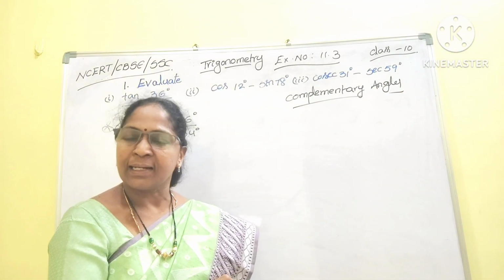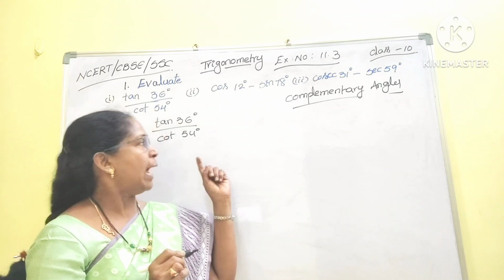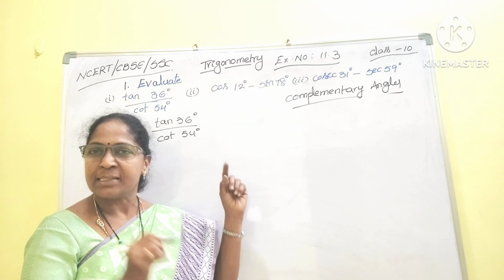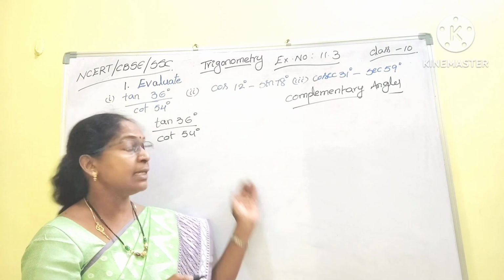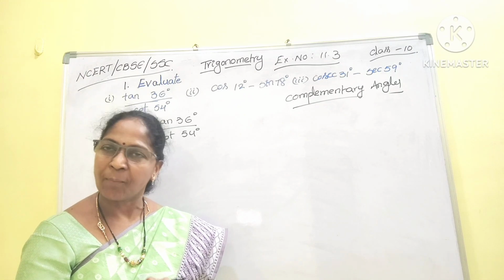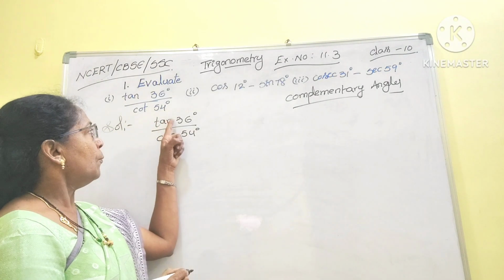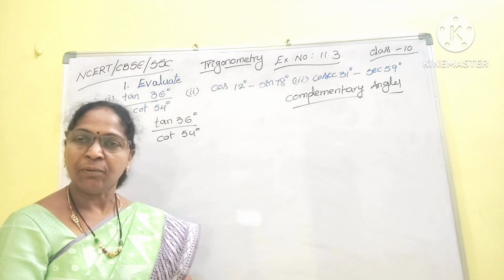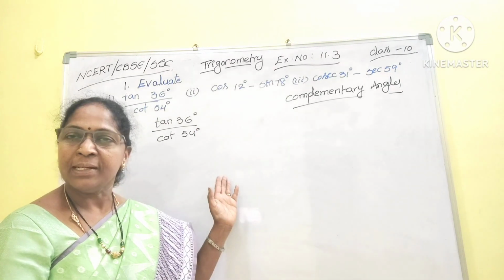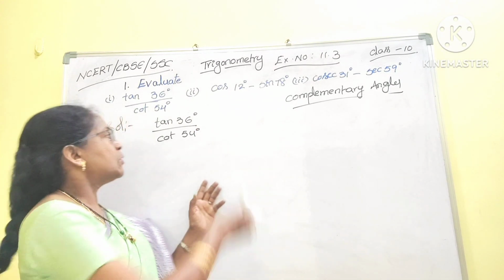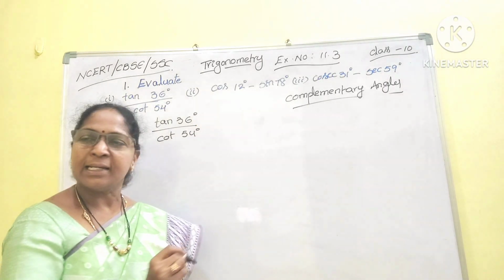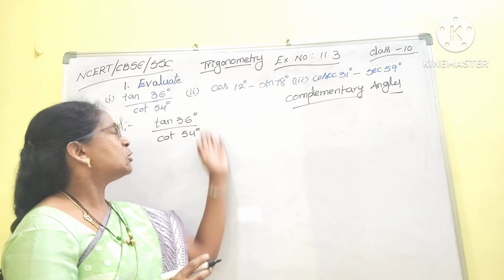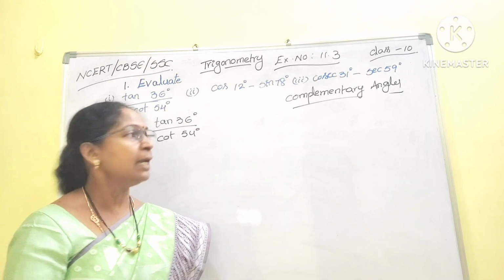Complementary angles are nothing but two angles whose sum equals 90 degrees. Then you can say that those two angles are complementary angles. So 36 degrees and 54 degrees add up to 90 degrees. That means these two angles are complementary to each other.